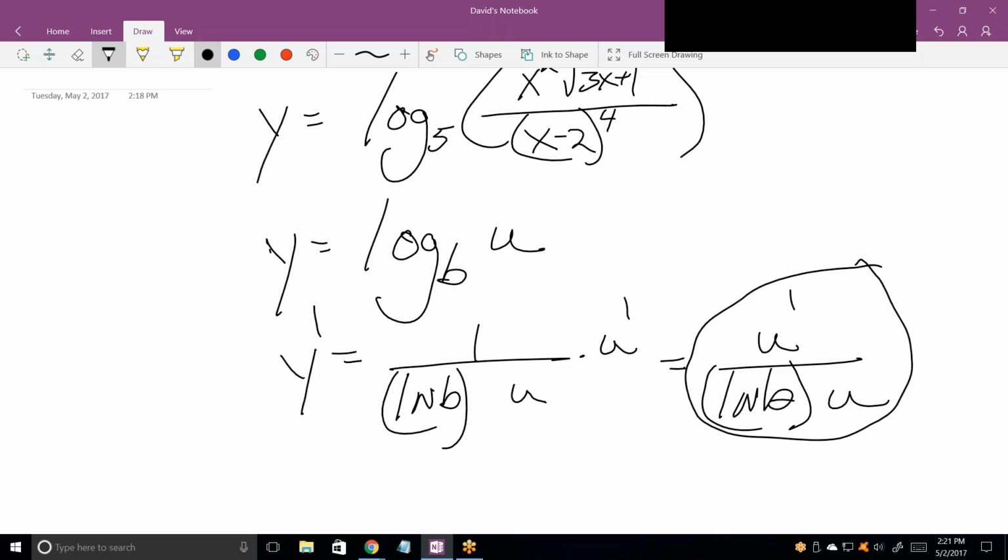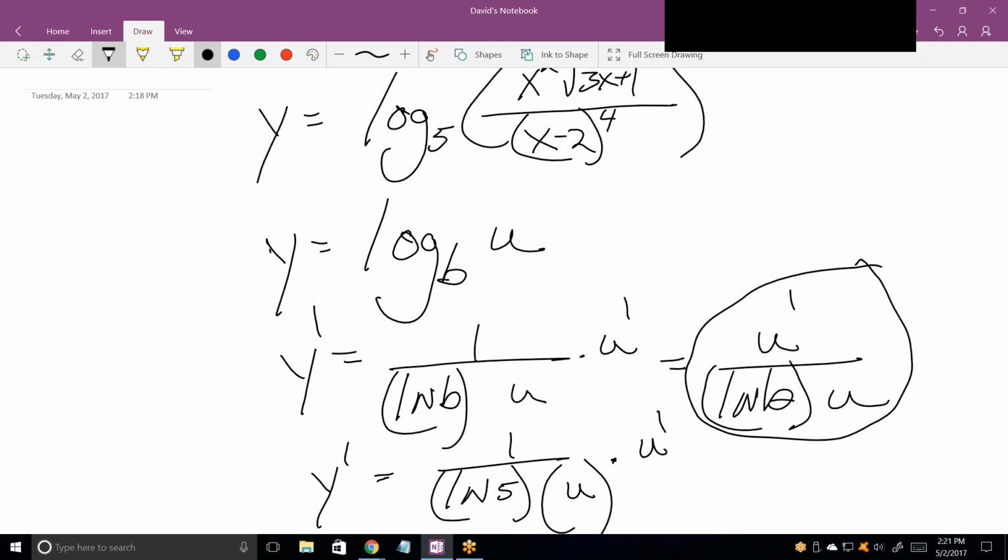So let's fill in everything. y prime equals 1 over natural log of 5 times the big fraction. We'll just label it u, save myself writing, times u prime.